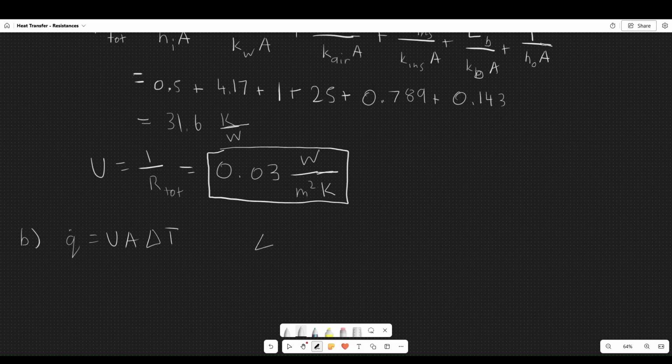Delta T is nothing but 75 degrees C minus our 15 degrees C, which is 60 degrees C. And so now what we can do is calculate what Q dot is.